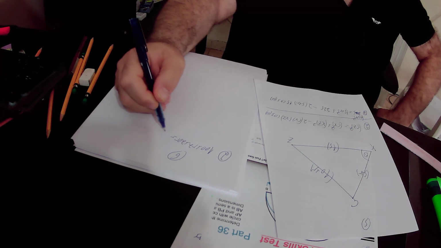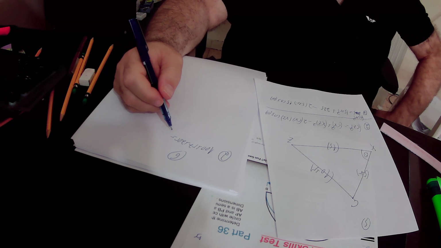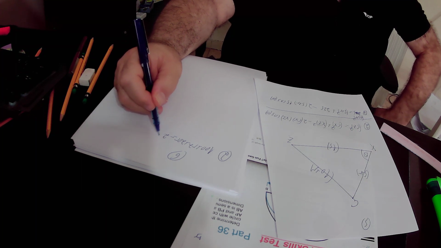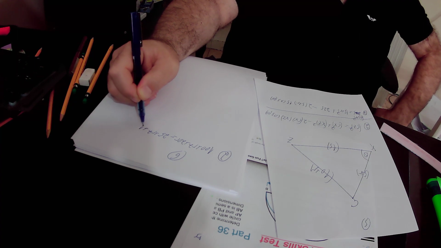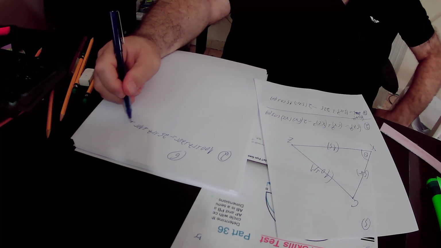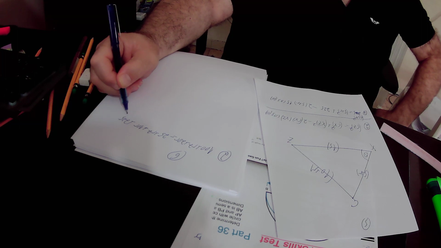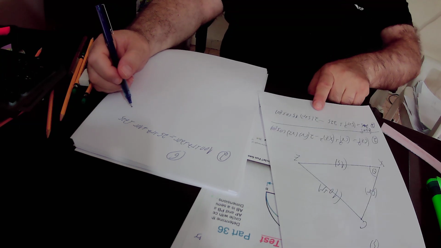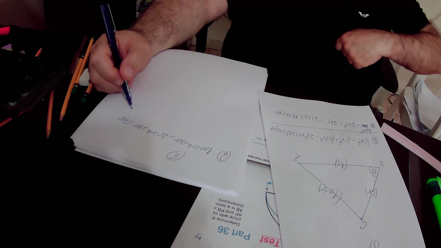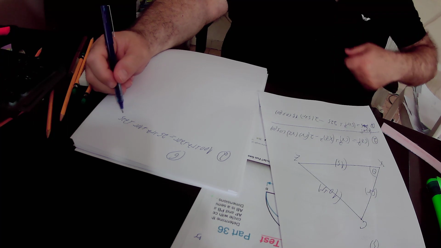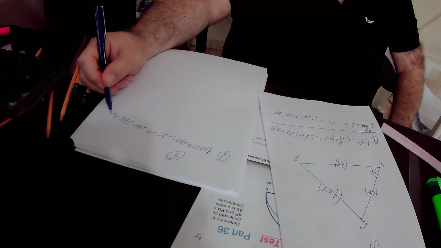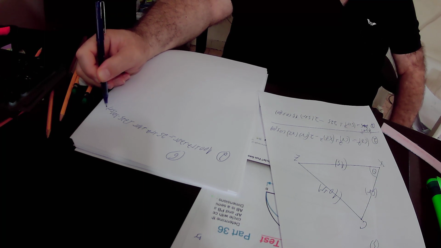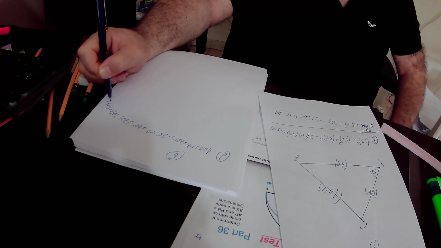That equals (5 plus r) squared, which is 25 plus r squared plus 10r, plus 225, minus 2 times 15, that is minus 30, times (5 plus r) cosine theta.